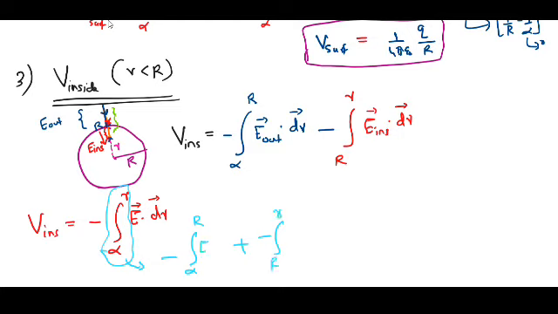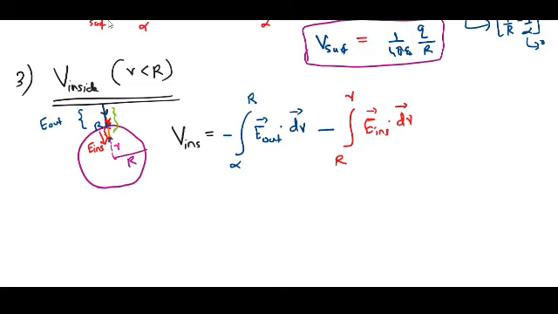Here you will have the electric field E out, and here this will be E inside, because in this region from r to R the electric field is E inside the spherical shell. Fine, let's just calculate the values here.